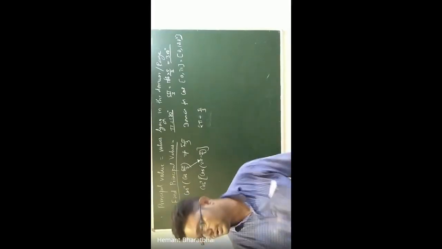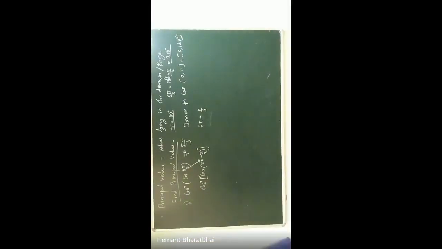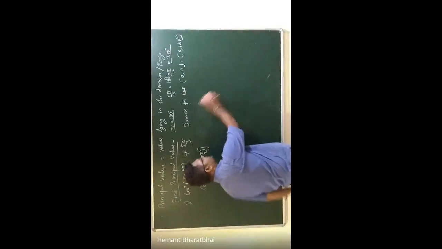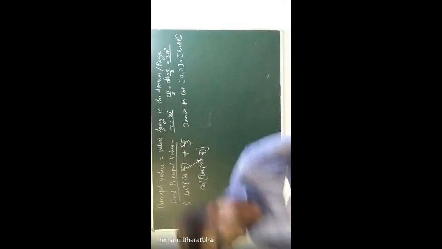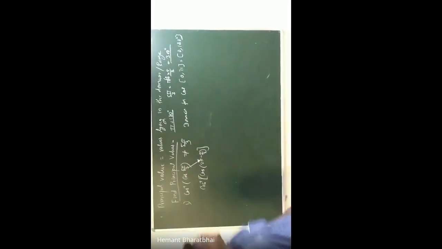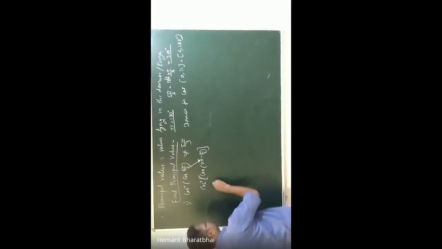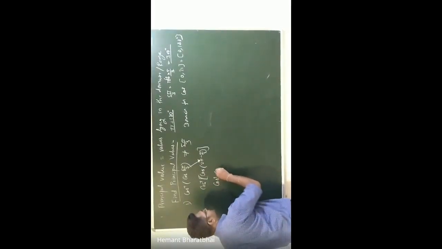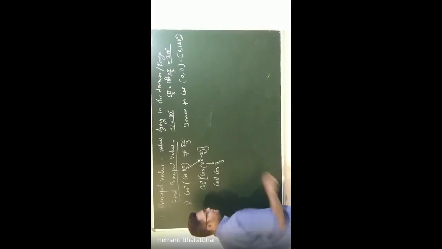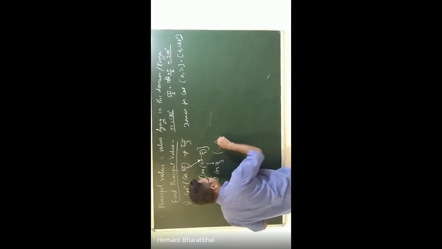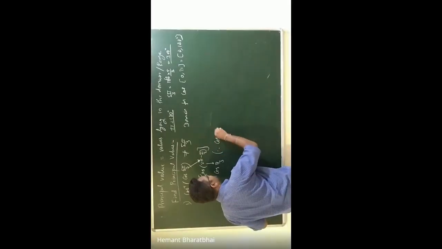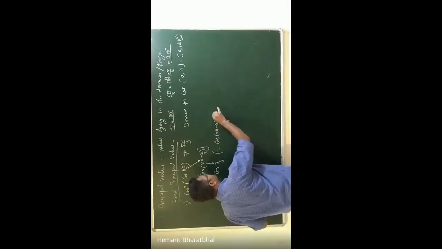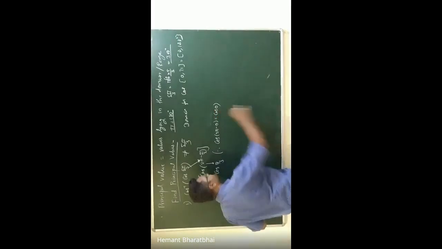Now we know that cos of 2 pi minus theta will be in the fourth quadrant, and in the fourth quadrant cos is positive. So cos of 2 pi minus theta is cos theta. So I'll get cos inverse of cos of pi by 3. Why? Because cos of 2 pi minus theta is nothing but cos theta.